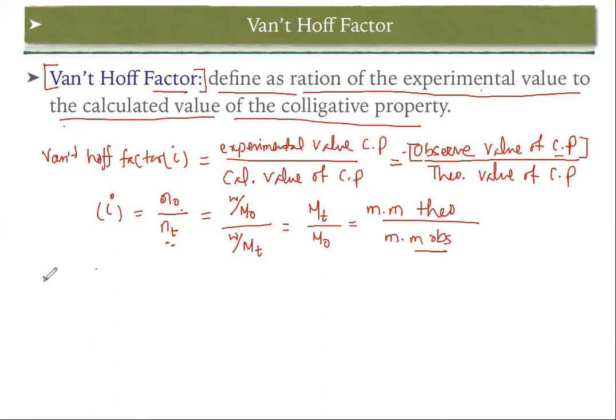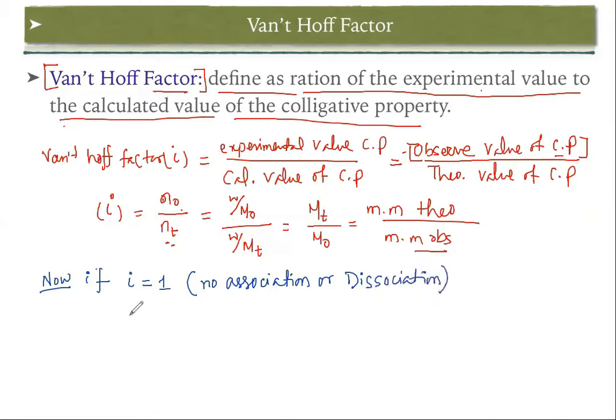Okay, now if the van't Hoff factor i is equal to 1, then we can say there is no association or dissociation. If the i value, the van't Hoff factor, is more than 1, then we can say the solution will have dissociation.